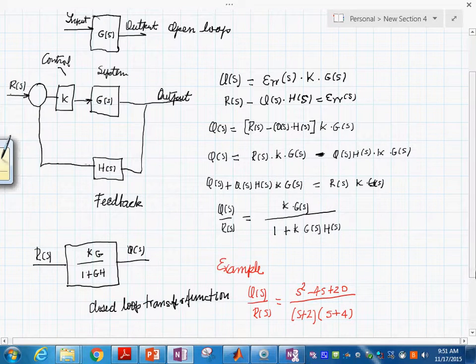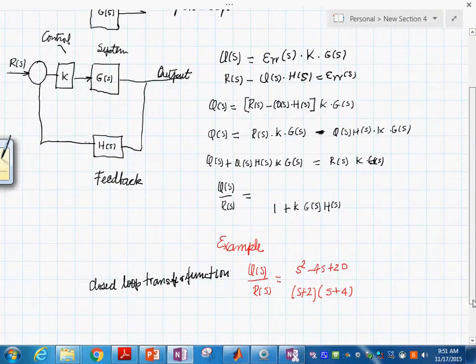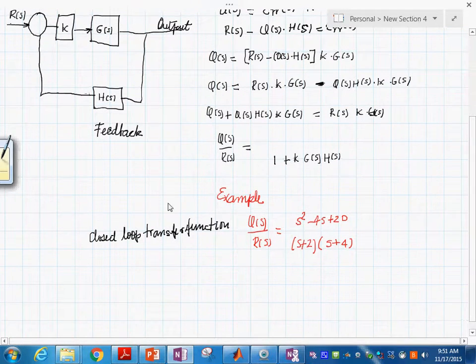See? Okay, so the question here is, what the root locus plot is going to do is take the closed loop transfer function.